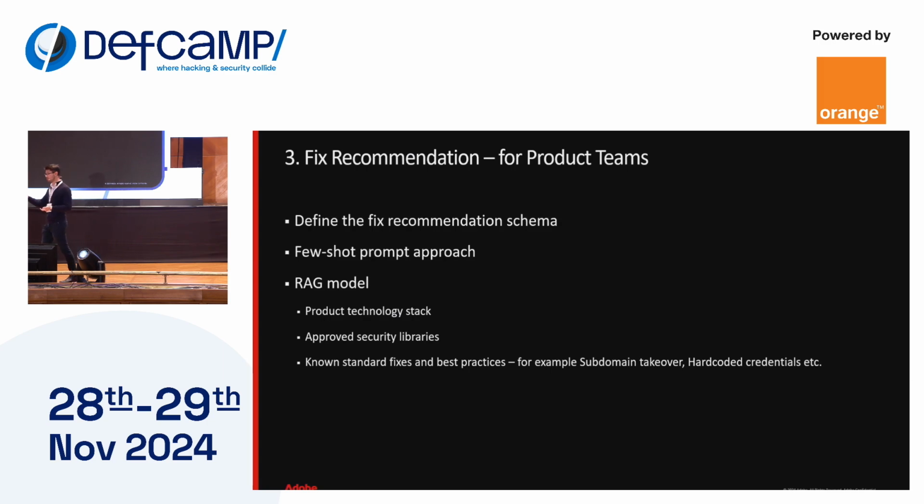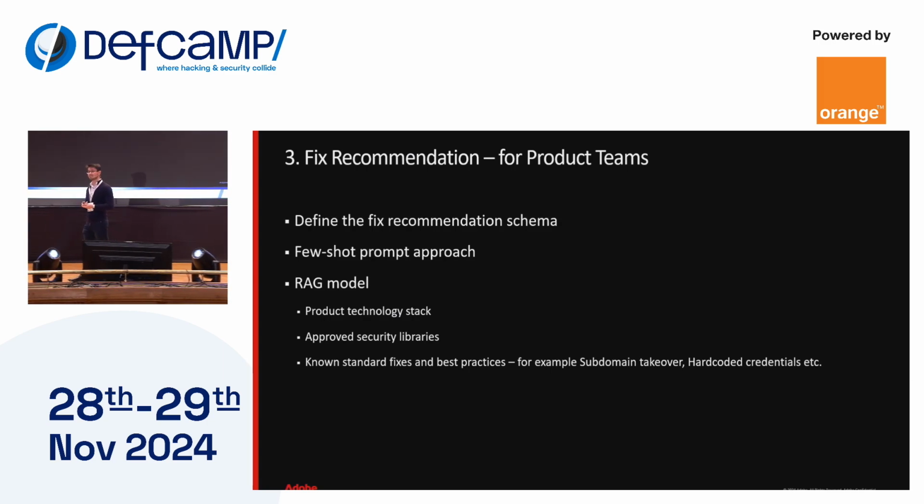For example, for a product that has a lot of subdomain takeovers, it's a pretty standard vulnerability, and it has a pretty standard fix. So you can give the fix directly to the developer without the LLM reinventing the wheel. For subdomain takeovers, maybe your product uses AWS, and you'll just tell them, OK, go to Route 53. You have to find the CNAME record and all of that stuff.